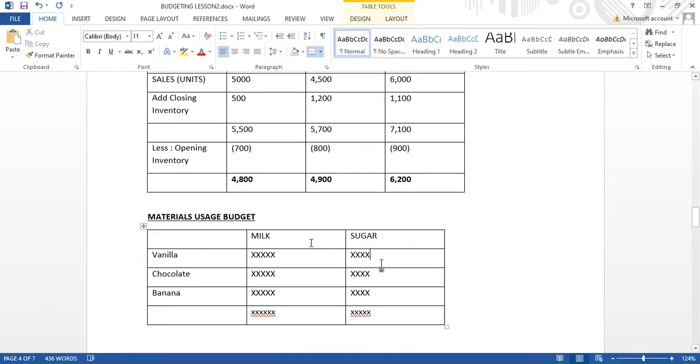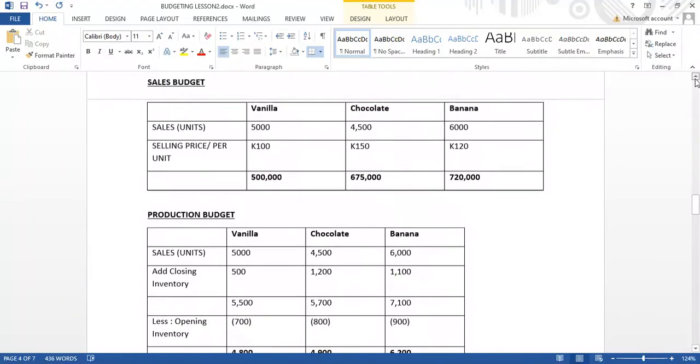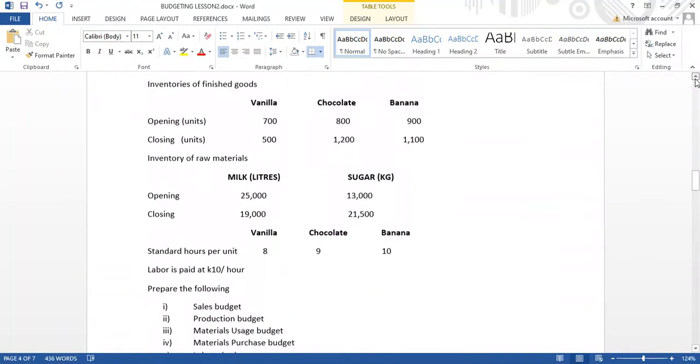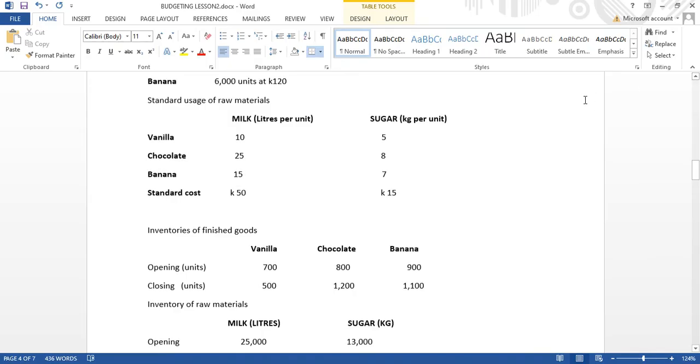All right. So for vanilla, we're going to produce 4,800 units of vanilla. We're going to multiply this with this information here. Let's go back to our information here. This is how much milk, in terms of liters, costs. So for vanilla, it's 10 kwacha per liter of milk and 5 kwacha per kg of sugar.